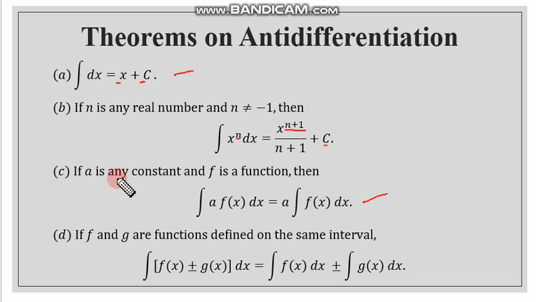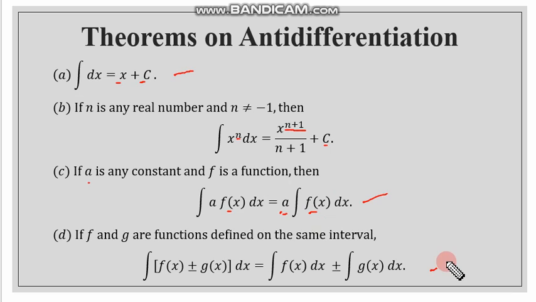Okay, so if a is a constant and f is a function, then the integral of a times f of x dx is a times the integral of f of x dx. So for the constant rule, it's the same process here in antidifferentiation. You just separate the value of the constant and multiply that to the integral of the function.